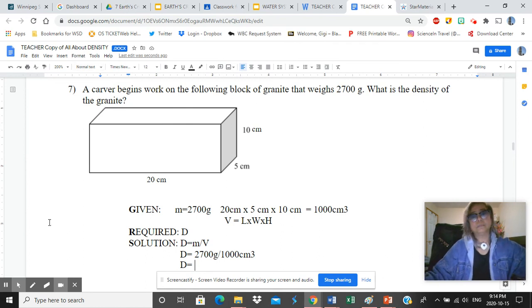It is 2.7. What's the unit? Correct. I heard that. So grams per cm cubed. Fun, right? Fun, fun, fun.